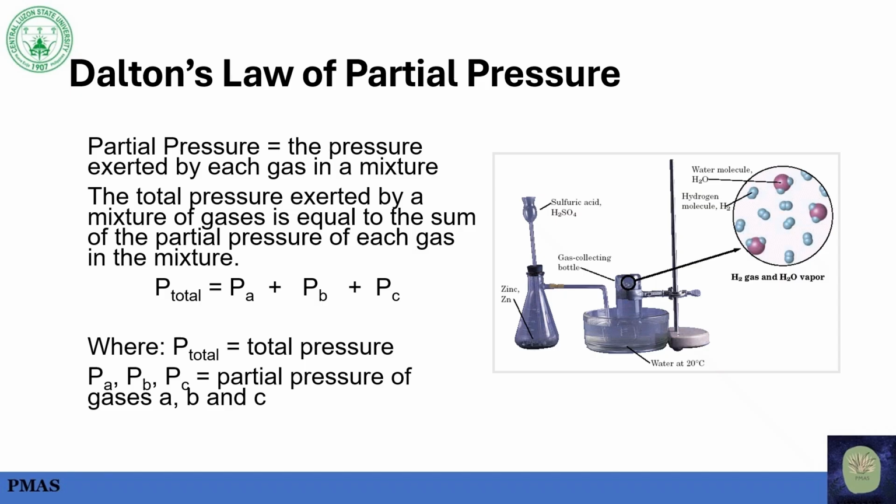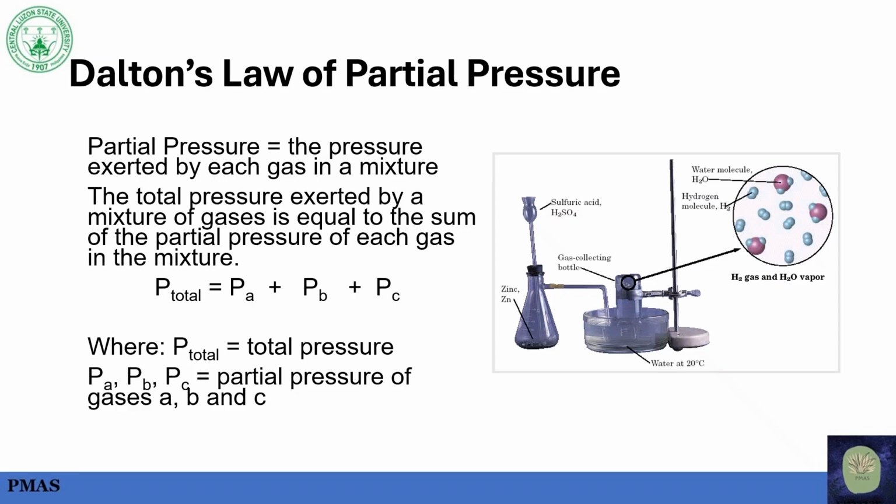Okay, next important thing that we need to discuss about gases is Dalton's law of partial pressure. Partial pressure means the pressure exerted by each gas in a mixture. For example, we have a mixture of different gases in the same container.